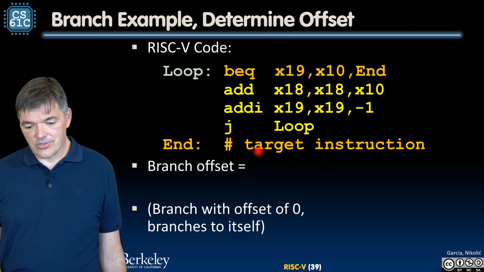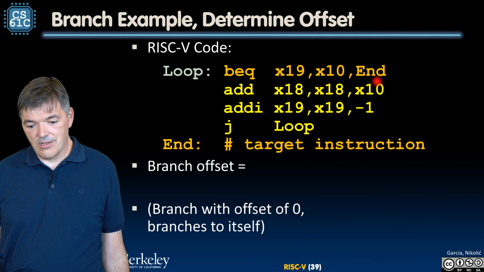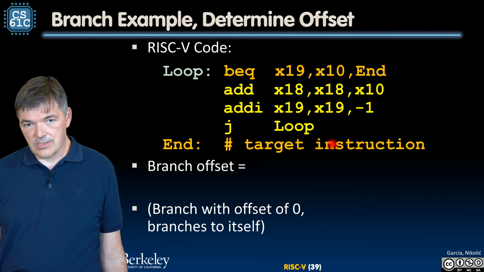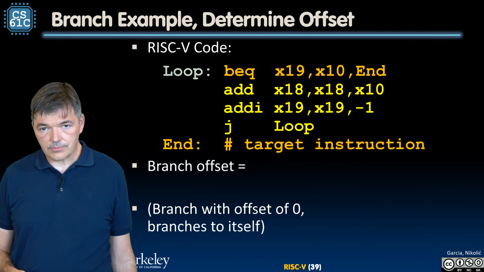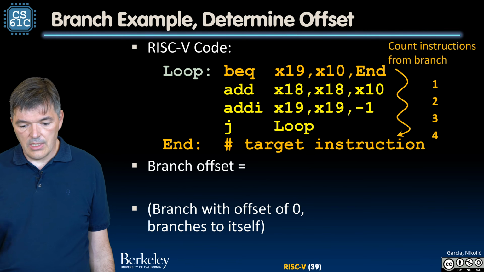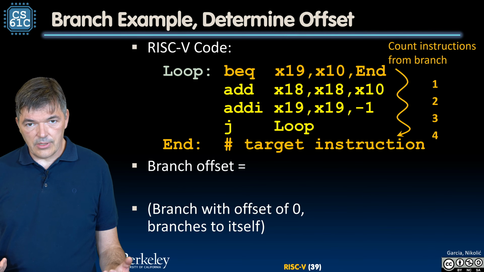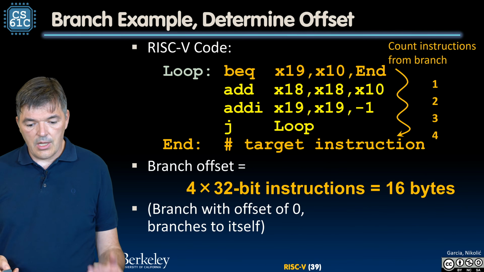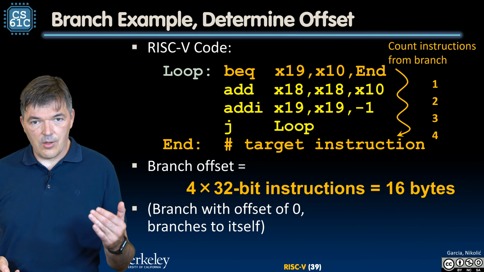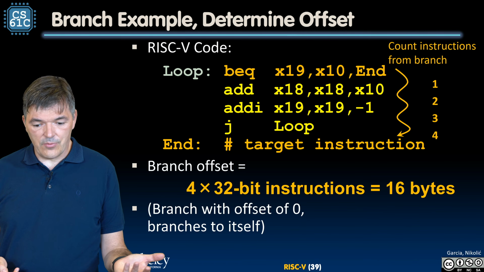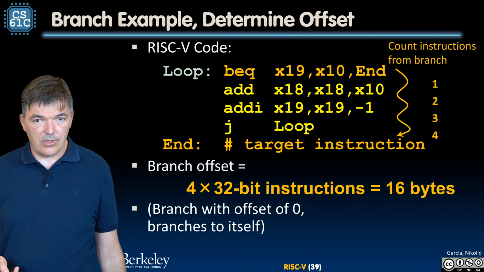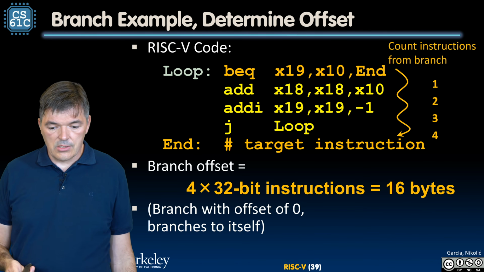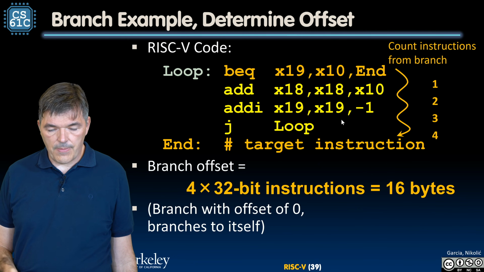This target instruction is at PC plus 16 bytes. So the branch offset we calculate by counting the number of instructions from the branch and multiplying that by the number of bytes that we need to branch forward. So that is 16 bytes.